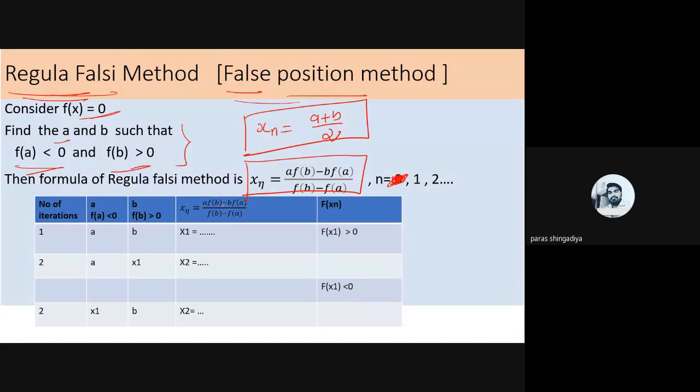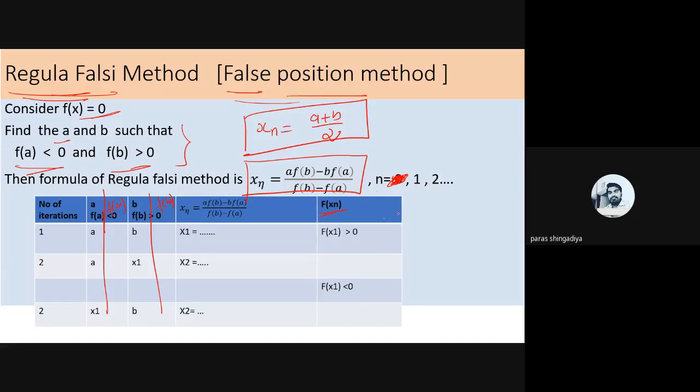By using that, we can derive the answers x1, x2, x3, and so on. Here we have the values of a, then f of a, then the values of b, then f of b. The formula for xn is a into f of b minus b into f of a divided by f of b minus f of a. And the last column is the function output.